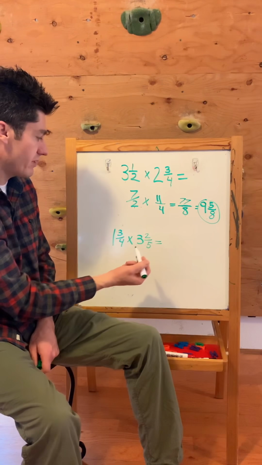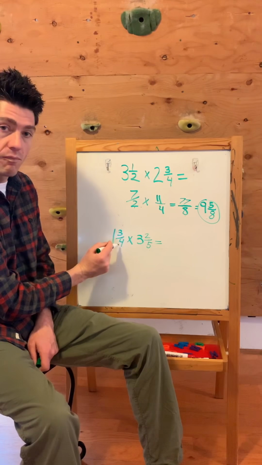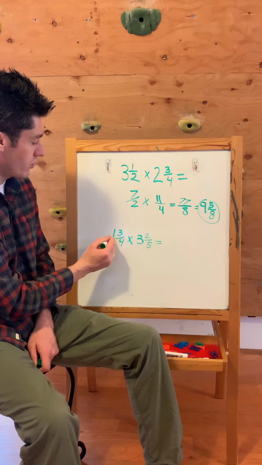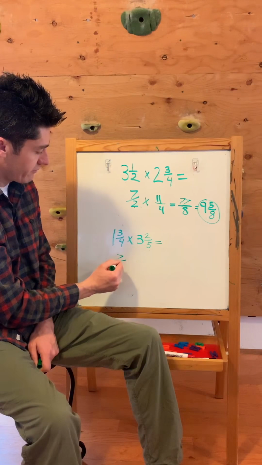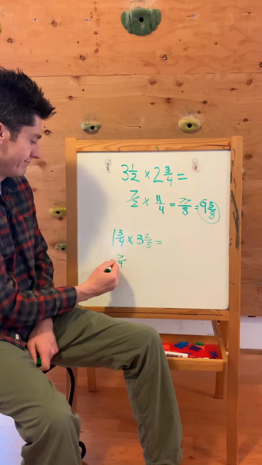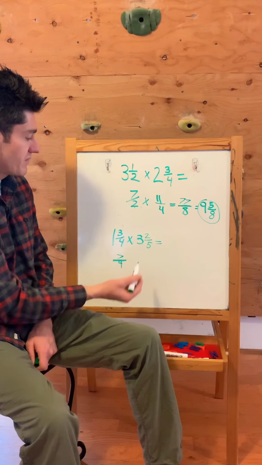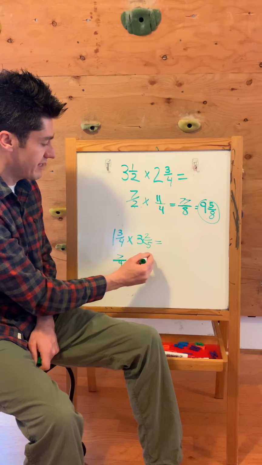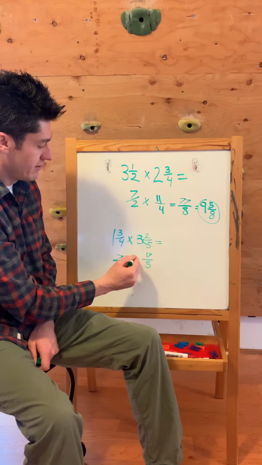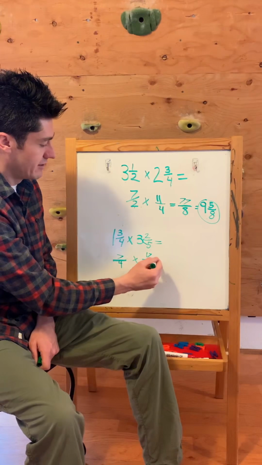1 3/4 times 3 2/5. We need to make it an improper fraction. 4 times 1 is 4, plus 3 more is 7, making my triangle. That was always out of 4. 7/4, 1 3/4. 3 2/5, making my triangle: 15 plus 2 more is 17, over 5. Still multiplying.